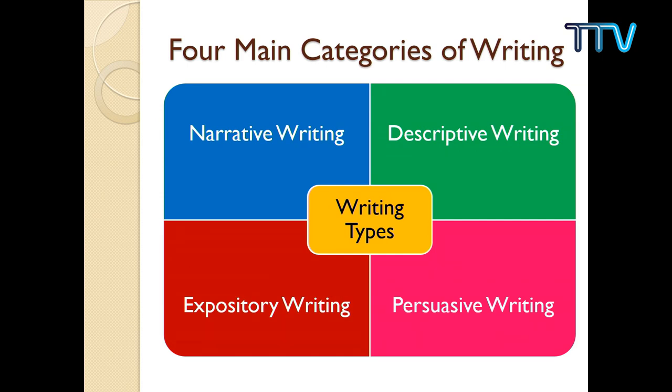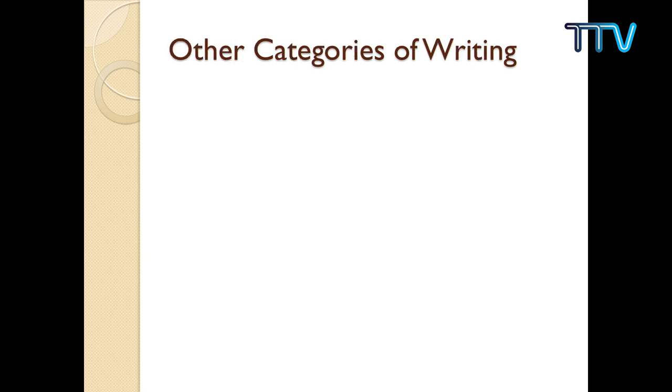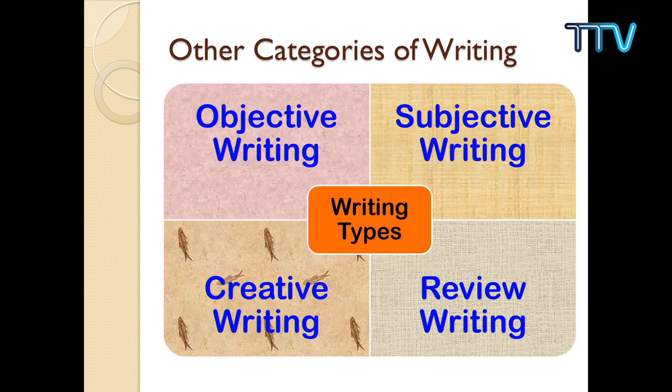So we categorize writing types into 4 broad types: narrative, descriptive, expository, persuasive. There are other categories of writing as well, like objective writing, subjective writing, creative writing, review writing.